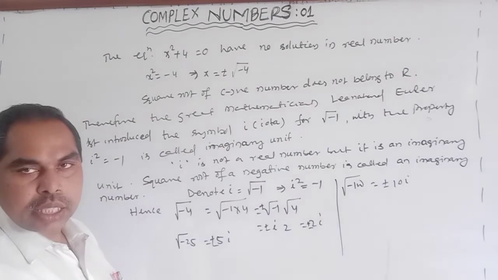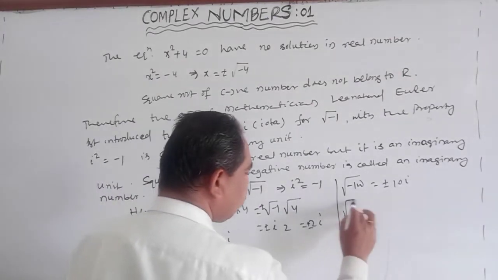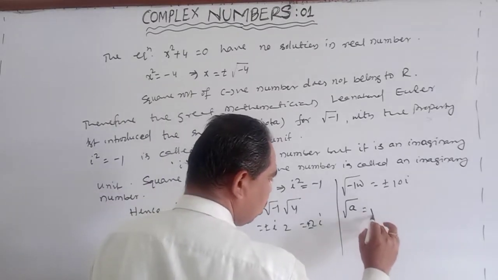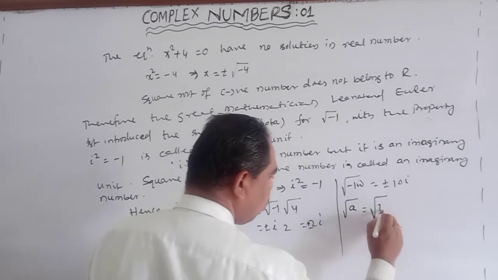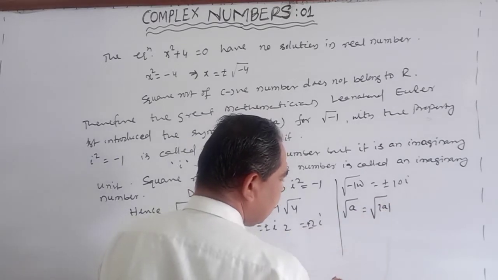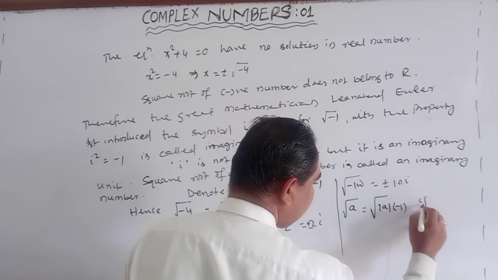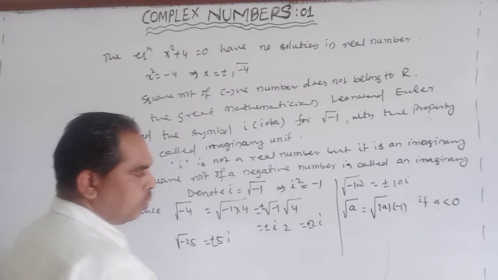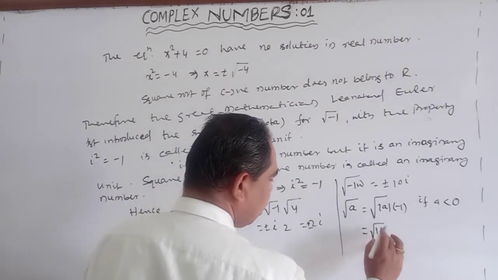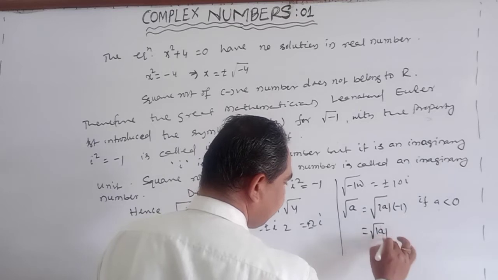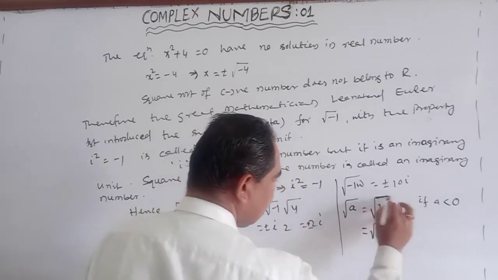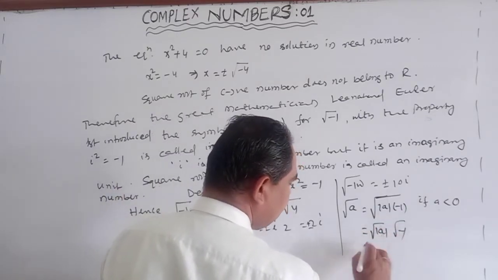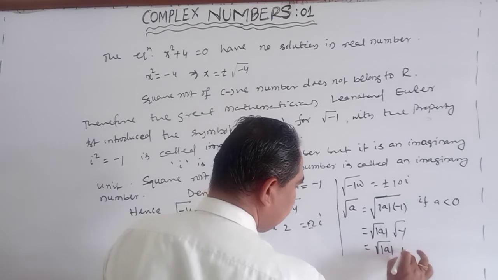In general, square root of a is equal to square root of mod a into minus 1, if a is less than 0, that is, square root of mod a into i.